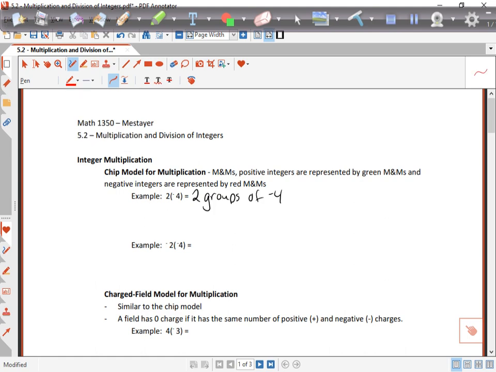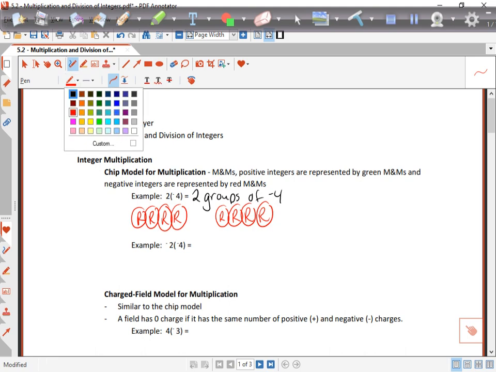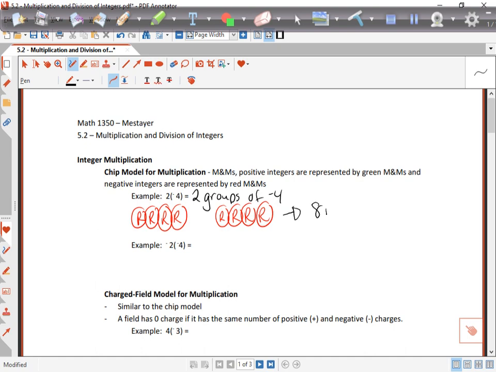Negative was red. So here's 1, 2, 3, 4. There's your first group. 1, 2, 3, 4. So you show your 2 groups of negative 4, and then you put them all together, and you end up with a total of 8 red, which stands for negative 8.